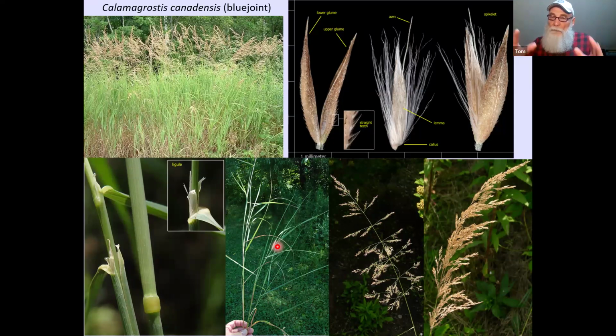Of course, you're going to have problems when you're dealing with very young tillers just coming up. That's when you can use that pubescence on the ligule. Because when you're dealing with younger stems, things aren't completely developed, things are a lot smaller. And so there's going to be more overlap, of course, between blue joint and reed canary grass at that time.